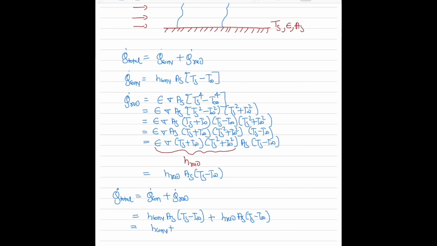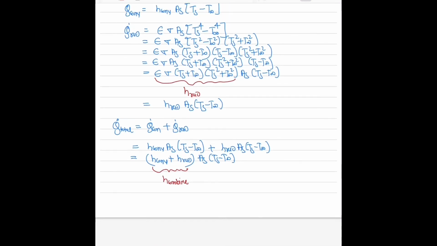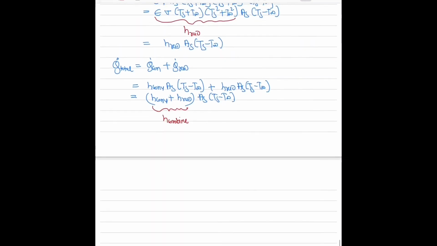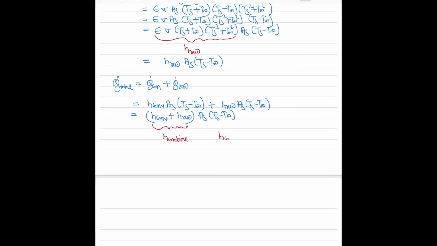If we take A surface and (T surface minus T infinity) as common, we have a combined heat transfer coefficient, known as h combined. So we can say h combined equals h convection plus h radiation.